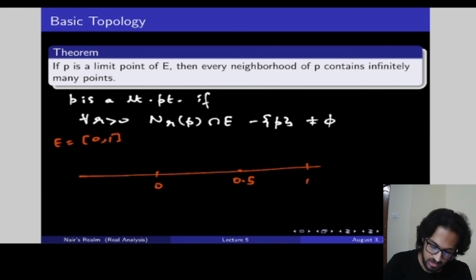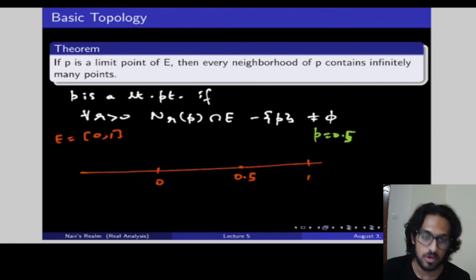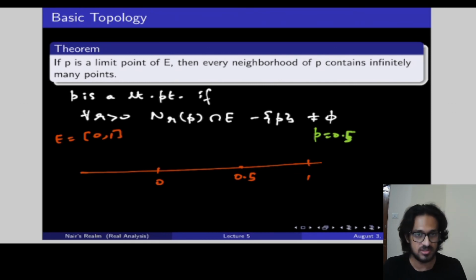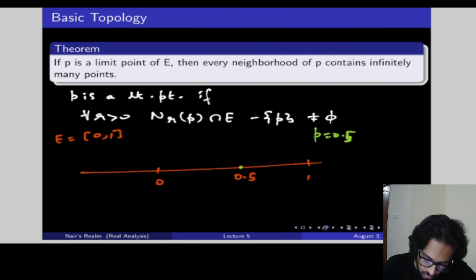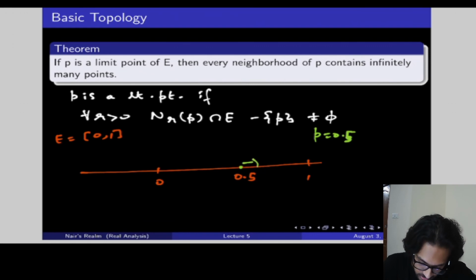We already discussed that P equal to 0.5 is a limit point. So now let's check what this theorem says. The theorem says that if I take any neighborhood centered at P, there have to be infinitely many points. So let's first take this neighborhood, where r is equal to 0.03, let's say.